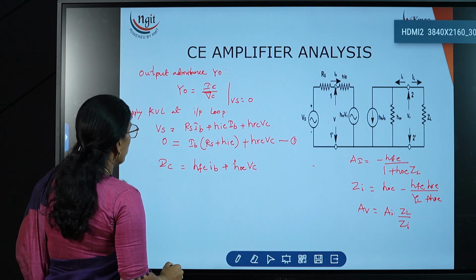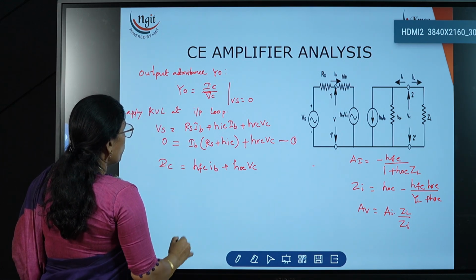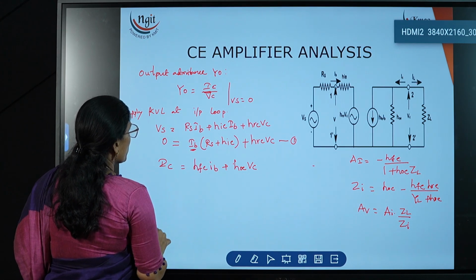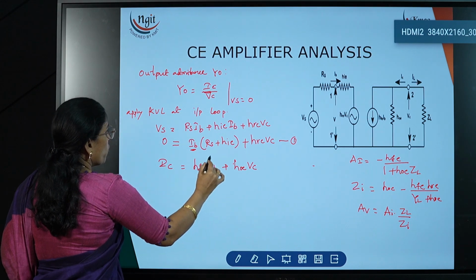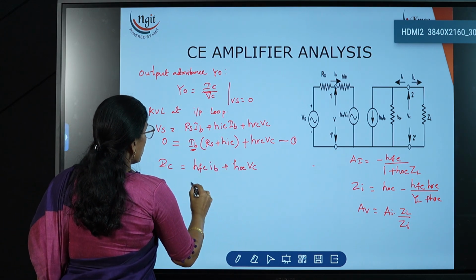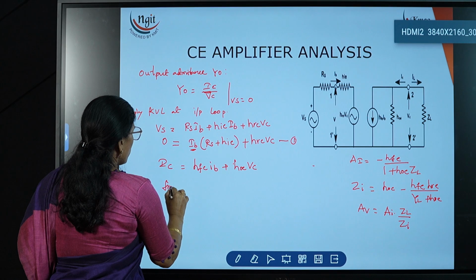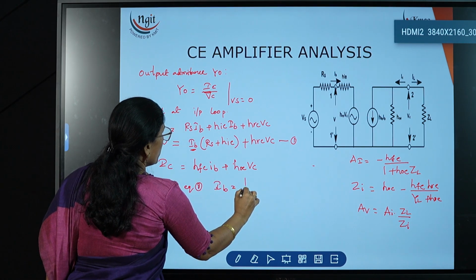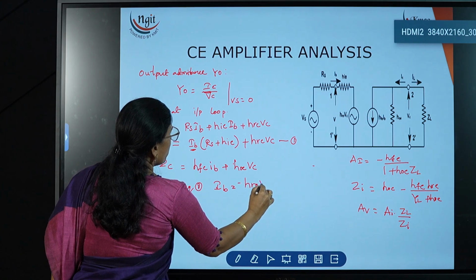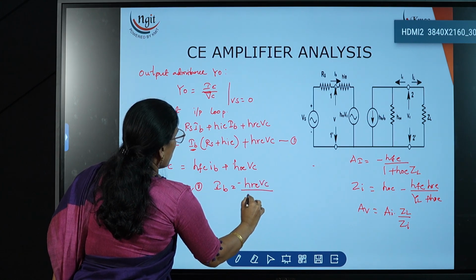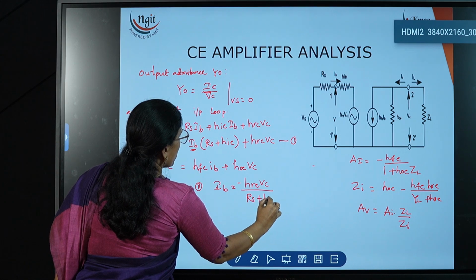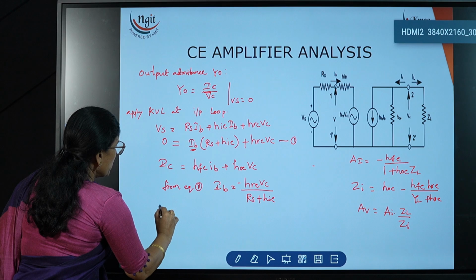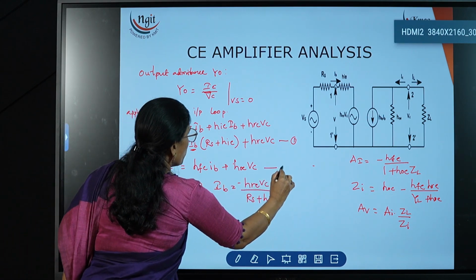Now from equation 1, IB is equal to minus HRE VC divided by RS plus HIE. Now this I need to substitute in this expression, equation number 2.